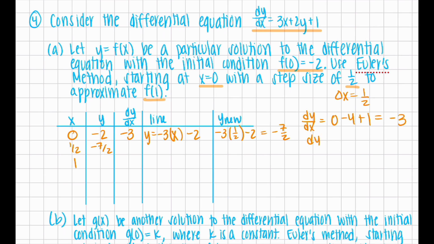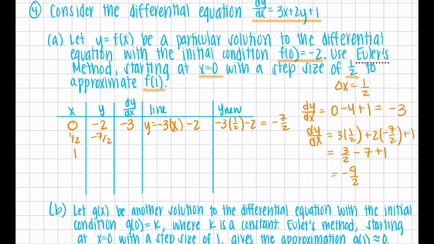Repeat the process. Get your dy dx when x is 1/2 and y is negative 7/2. Simplify 3/2 minus 7 plus 1. That is going to be negative 9/2. So write out your line. My slope times x minus x1 minus 7/2.